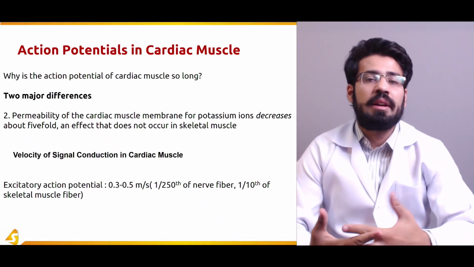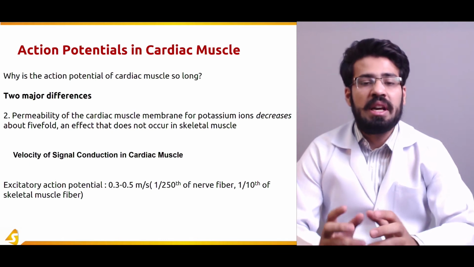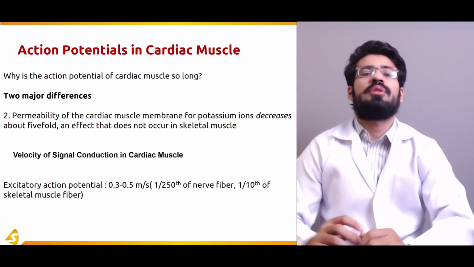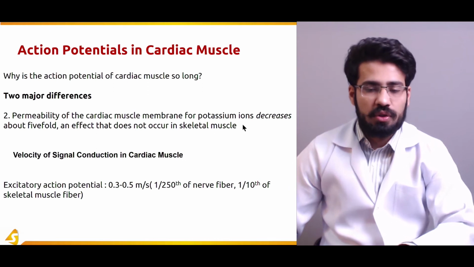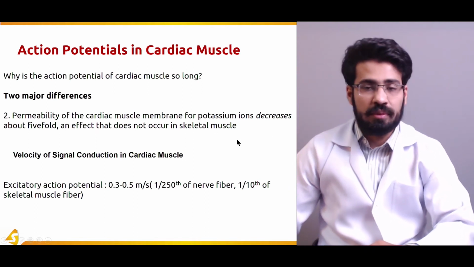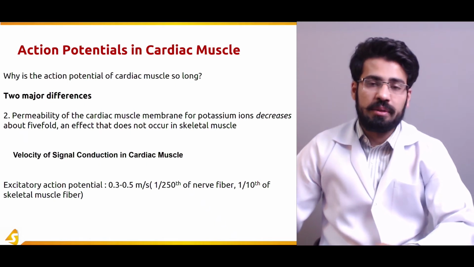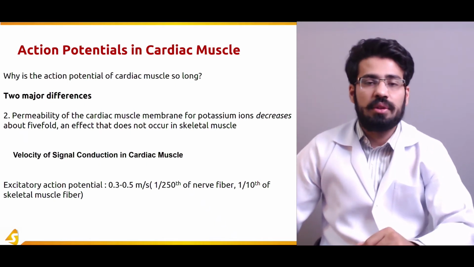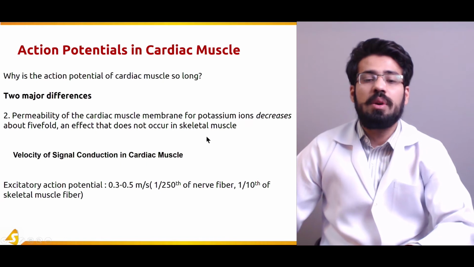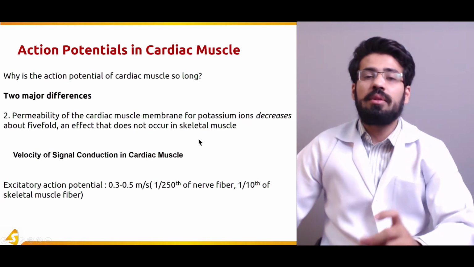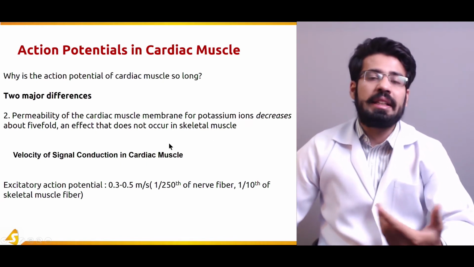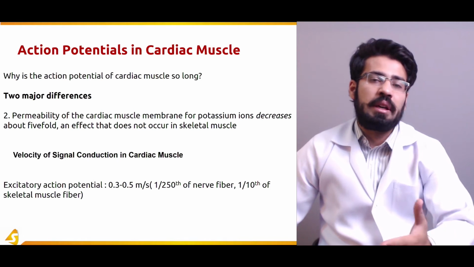Now, why is this of prime importance? It causes the action potential of the cardiac muscle to prolong for such a longer duration. When the potassium ions move, they cause the potassium channels to open and repolarization occurs, which leads towards the end of the contraction period of the muscle.